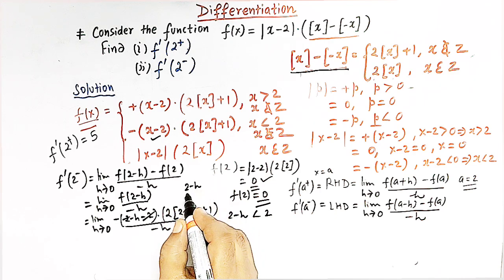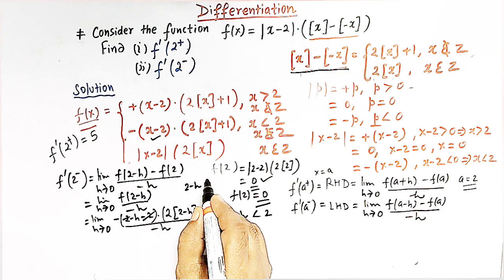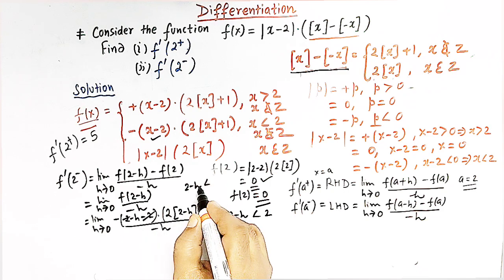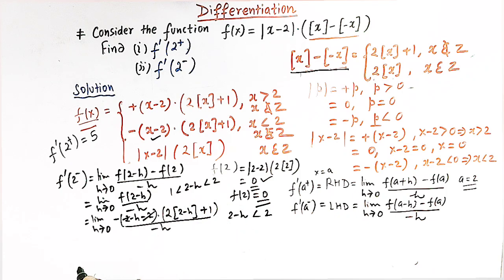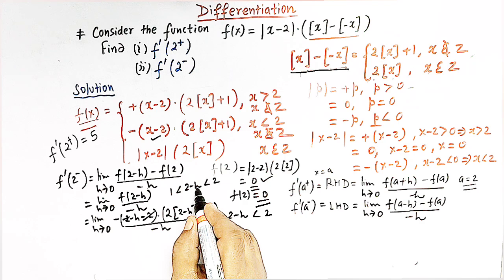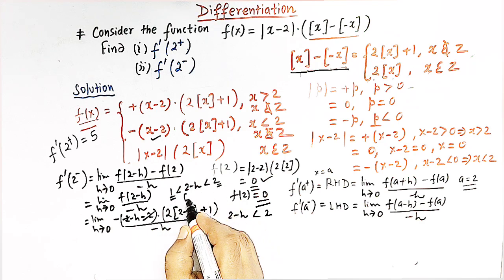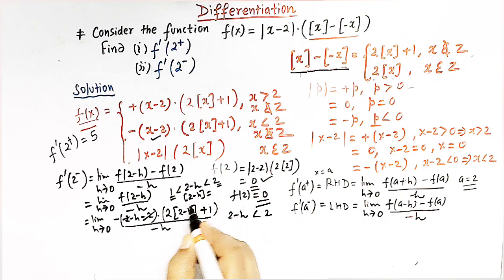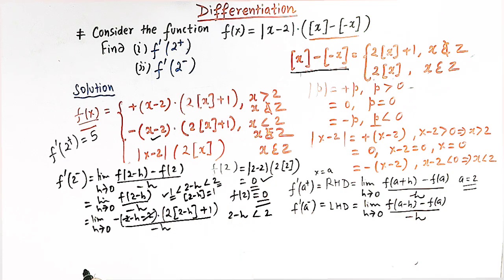Now see, this 2 minus h is slightly less than 2, but it is greater than 1. So 2 minus h lies between 1 and 2. So again, by the definition of greatest integer function, the greatest integer of 2 minus h should be equal to 1, right? So now here we have limit h tends to 0.